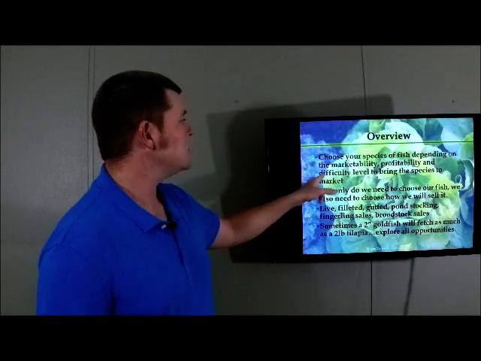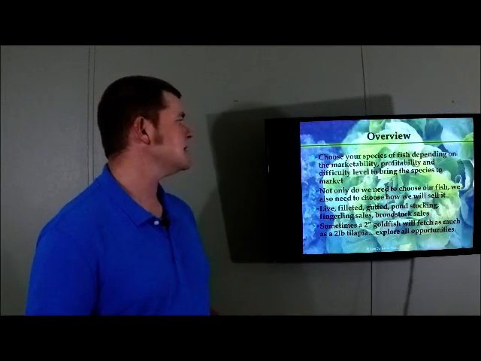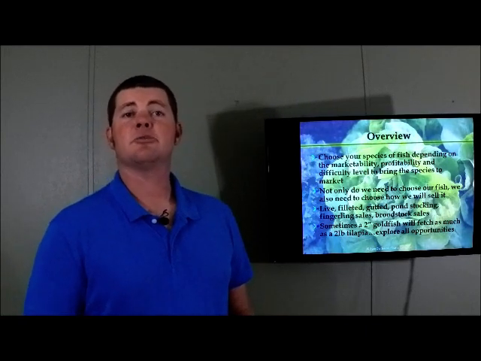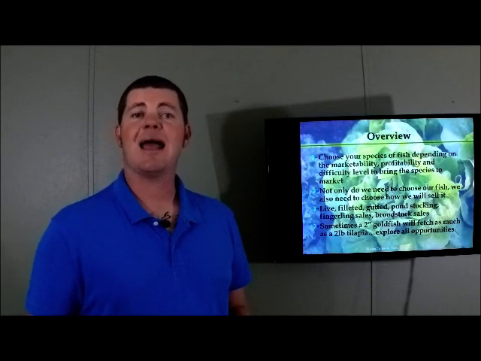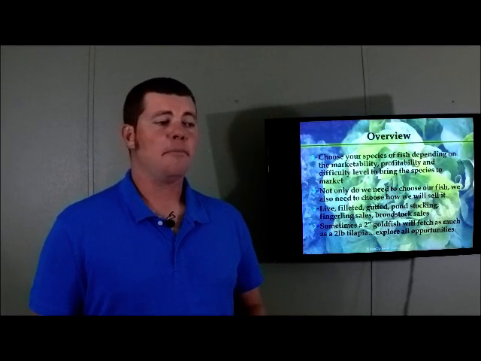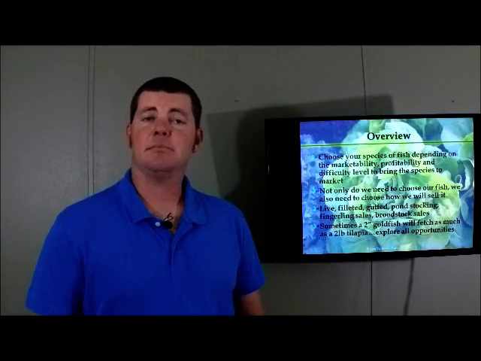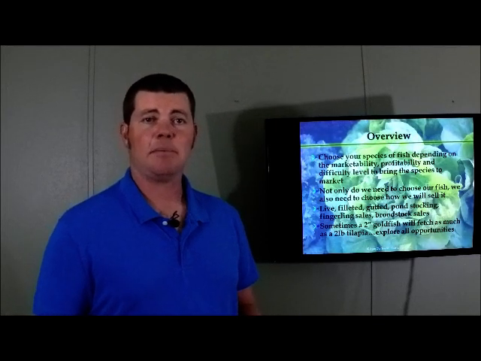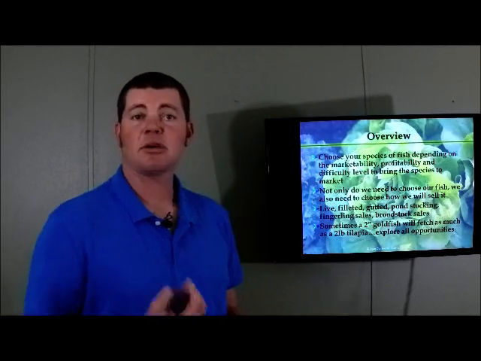And then lastly, the difficulty level to bring that species to market. Something like tilapia is a lot easier to bring to market than a fish like a hybrid striped bass, which is a little more delicate and can be a little harder to raise to fruition. So that's something to definitely keep in mind. How hard is it going to be to grow that fish?